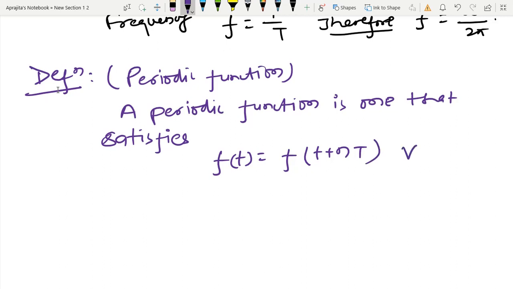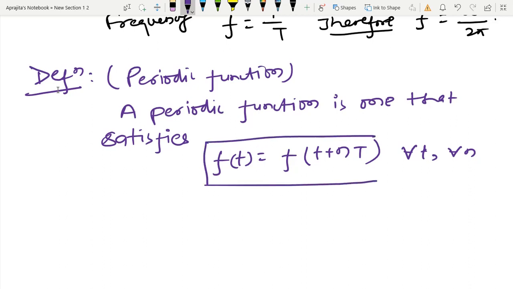So this relation is true for all t and for all integer n. If some function satisfies this particular equality, then we can tell that that function is periodic.